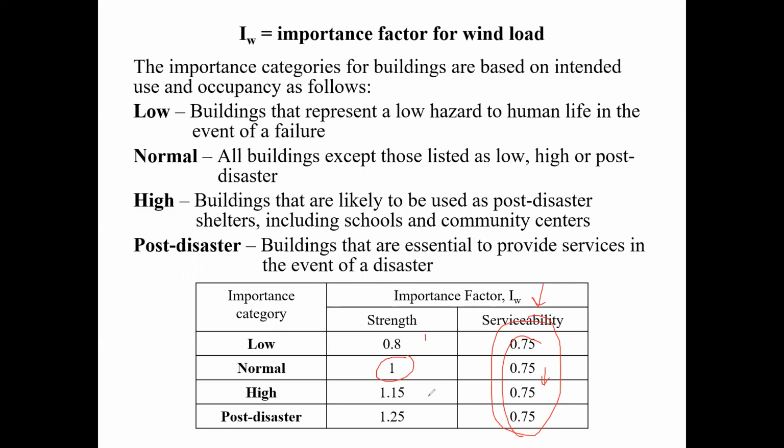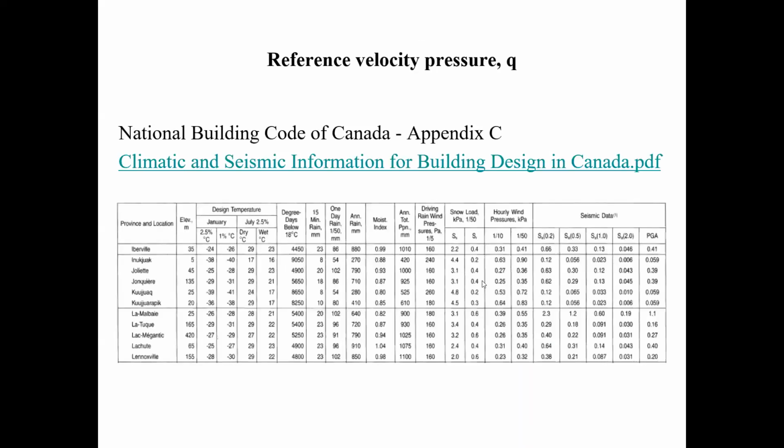No matter what the importance factor is, this is for strength and this is for serviceability. That's the only thing I want to repeat so that people can understand why we only take 75% of whatever we have. So we take 75% of this, 75% of your load. Now, of course, we've seen this before, it won't change.